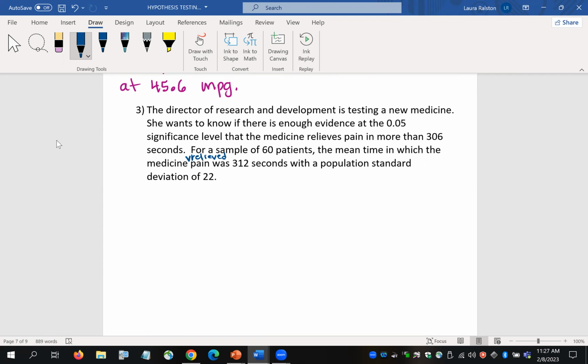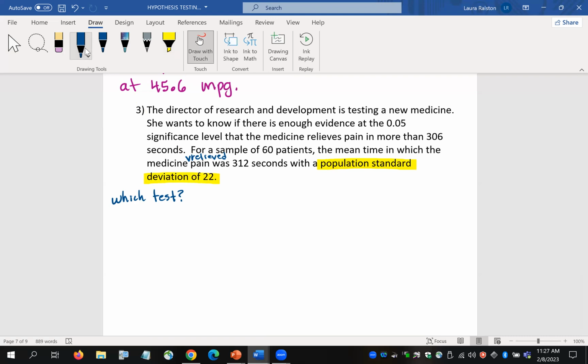Now, this problem is maybe set up a little bit differently in terms of the way it's worded, but again, the first decision you have to make is which test you're going to do. Are you doing a one mean Z or a one mean T? Z is used whenever you know the population standard deviation. Otherwise, you're going to use a T. So if I go back and read the last phrase, it says with a population standard deviation of 22.